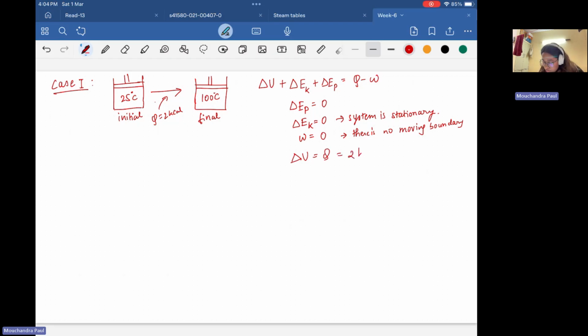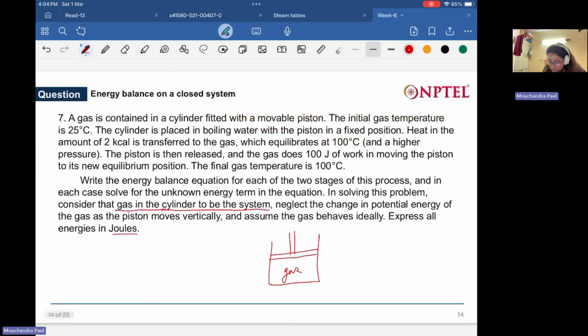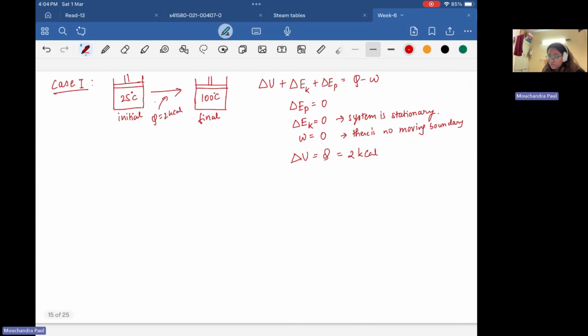Q is 2 kilocalories. Now we were told to express all the energies in joules. So we have to convert kilocalories to joules.